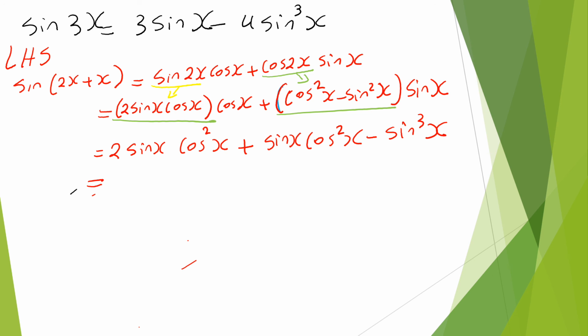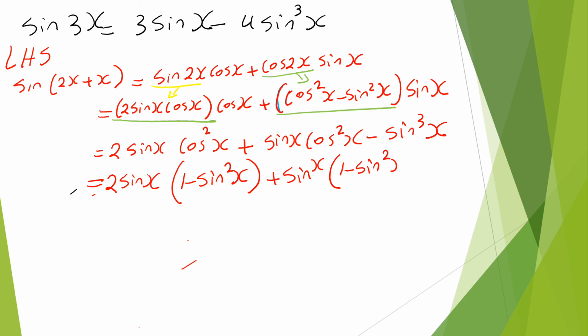So I'm going to use the other identity, which is 1 minus sine square. Now expand.